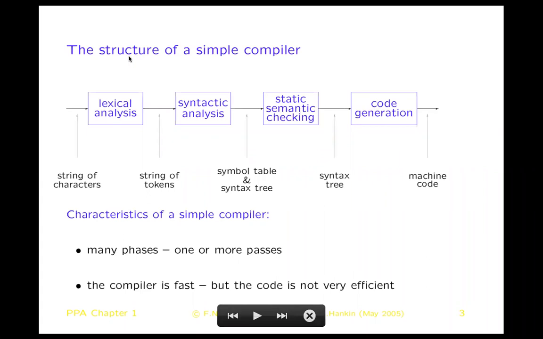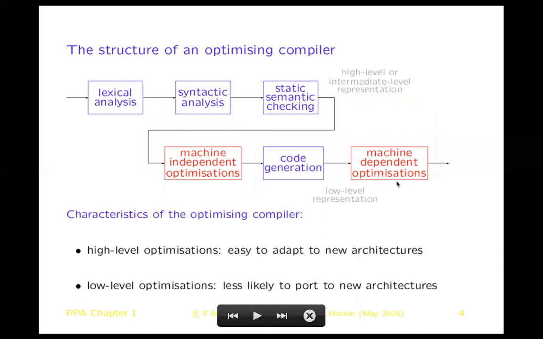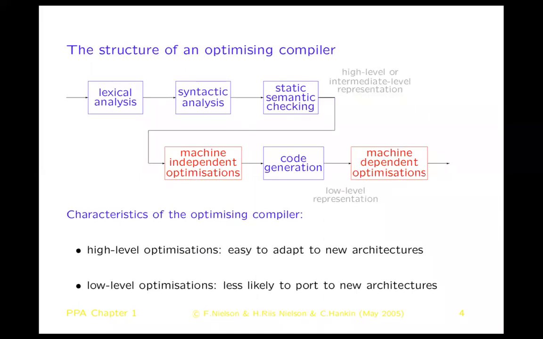So in order to optimize the program and in order to generate better quality code, multiple machine-independent optimizations will be applied on the generated IR.